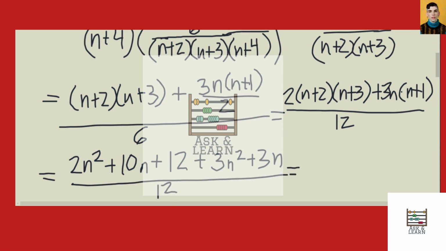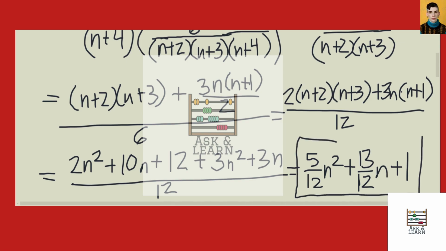And this is equal to 2n squared plus 3n squared is 5n squared, so 5/12 n squared, 10n plus 3n is 13n, plus 13/12 n, and then 12 over 12 is simply 1, so plus 1. And so we have that a_n is going to be equal to 5/12 n squared plus 13/12 n plus 1.